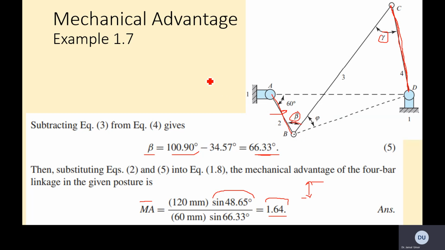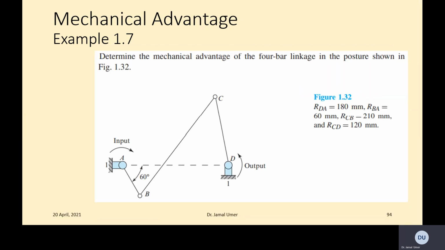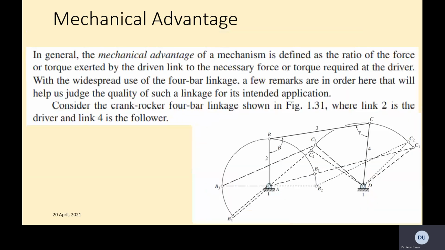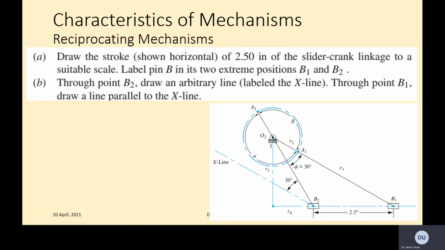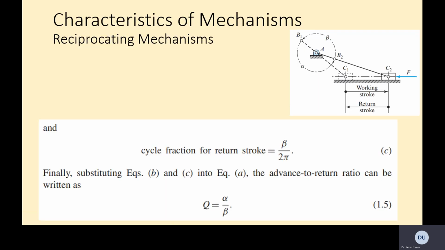I will just explain this with the phenomenon in the quick return mechanism, which we have studied already. In the quick return mechanism, we have discussed there is one working stroke and one return stroke. The working stroke is a position where work needs to be done, and during the working stroke this piston is actually doing some work by pushing, so there is a force in this direction.